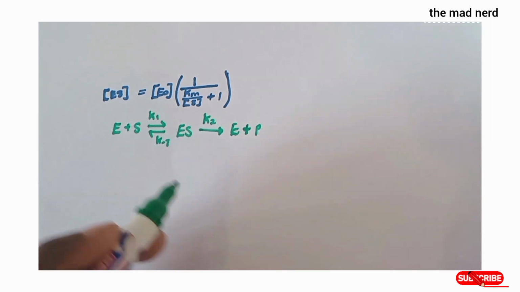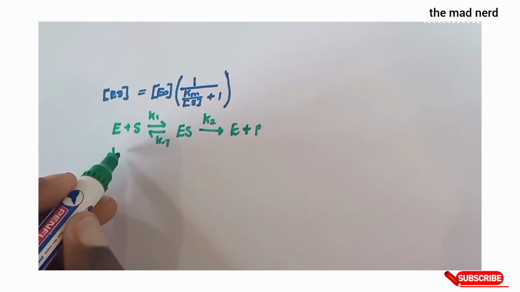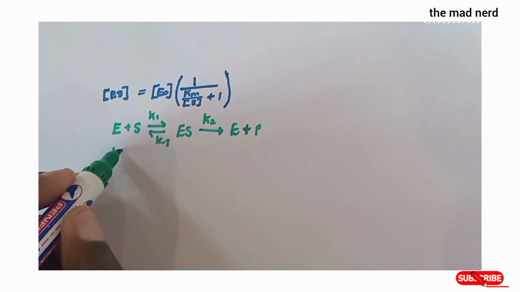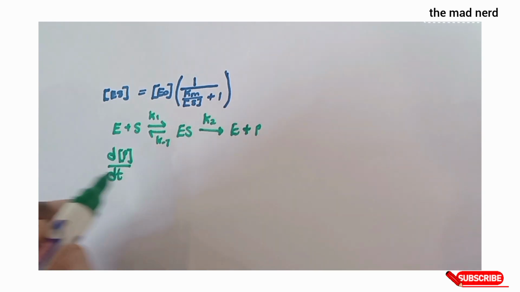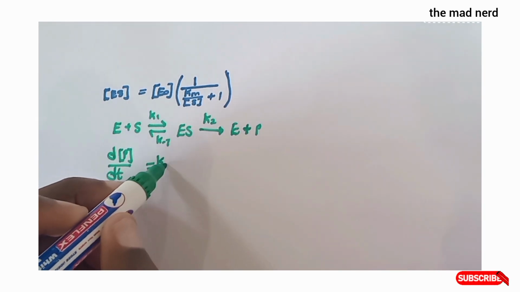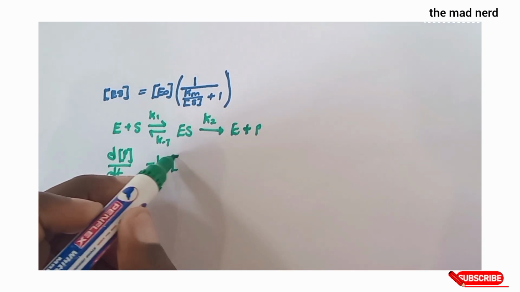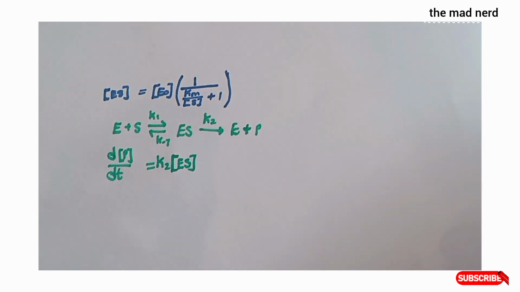So it means that the rate of formation of the product will be equal to that K2 over there, that is the rate constant, and then the concentration of the ES. So here we have this one as the rate of formation of the product.